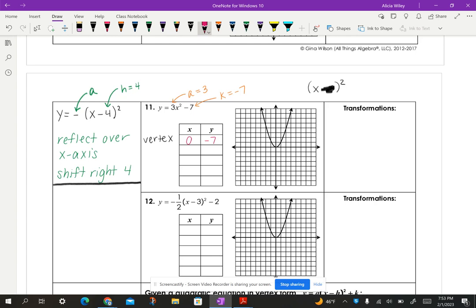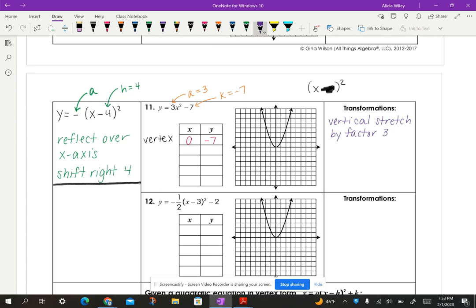So what I will then describe is what happens because of my a value being 3. Since my a value is bigger than 1, as opposed to a value between 0 and 1, I'm going to say that I have a vertical stretch, and it's a vertical stretch by a factor of 3.